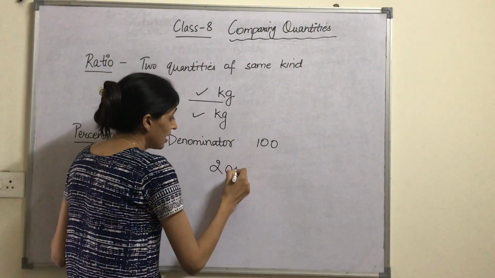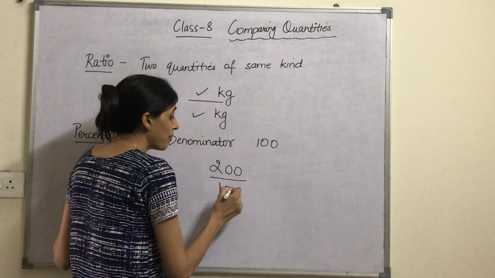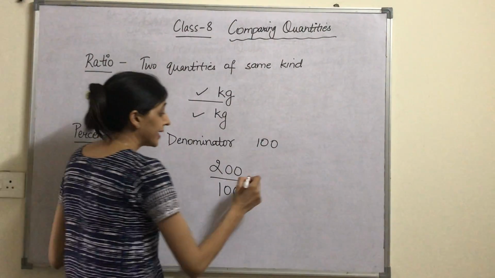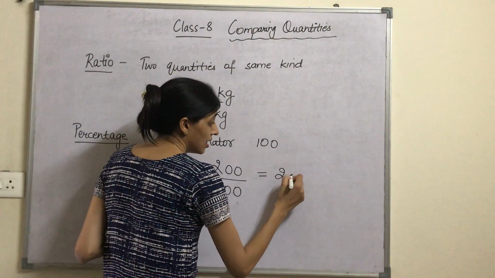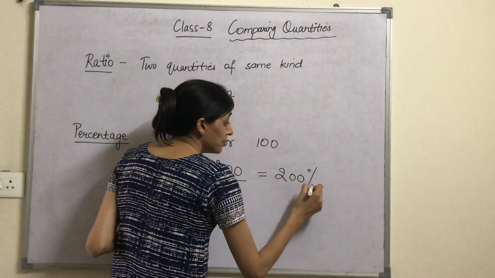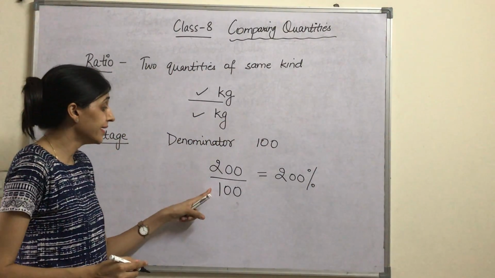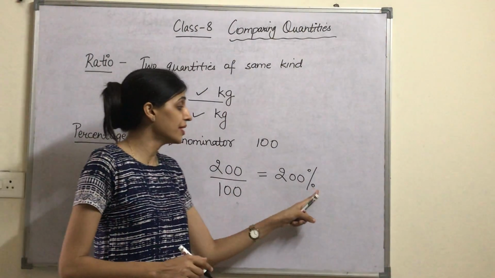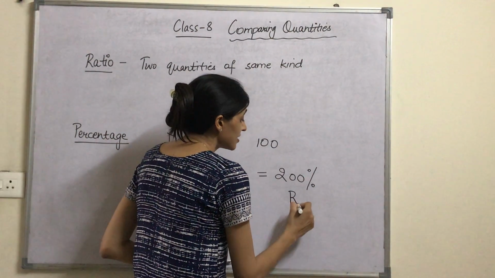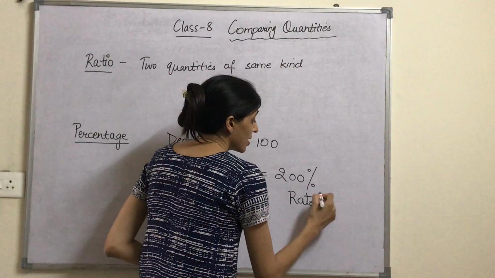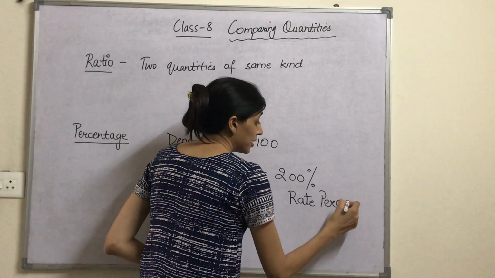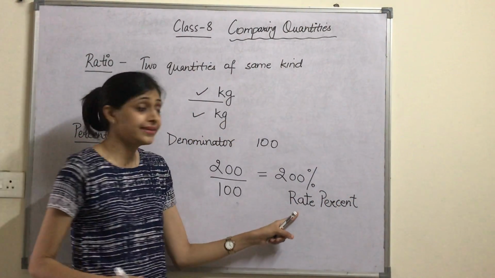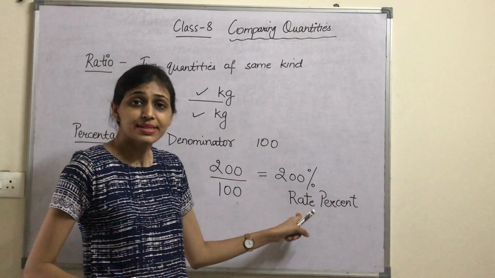Suppose we say 200 upon 100. I can write it as 200%, because in the denominator there is 100. And this numerator is known as the rate percent.